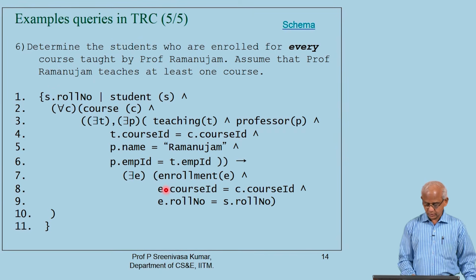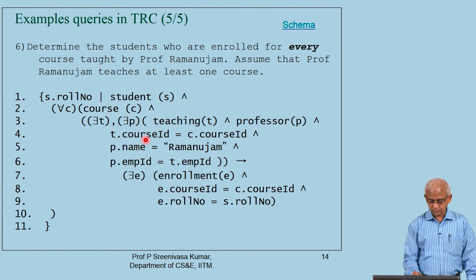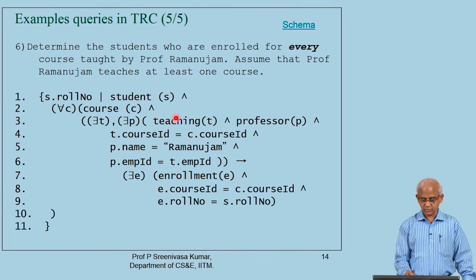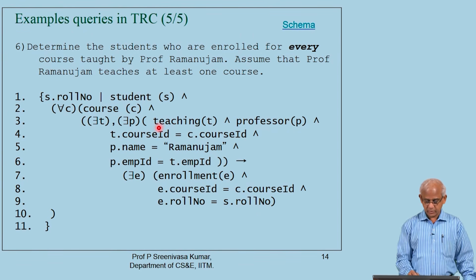So, the enrollment tuple corresponds to the student under consideration, E dot roll number equals S dot roll number, and then the course ID mentioned in the enrollment is indeed the course ID that we have just used in the left hand side, a course being taught by Professor Ramanujam. So, the detailed explanation is somewhat similar to the previous query we have seen earlier, right.